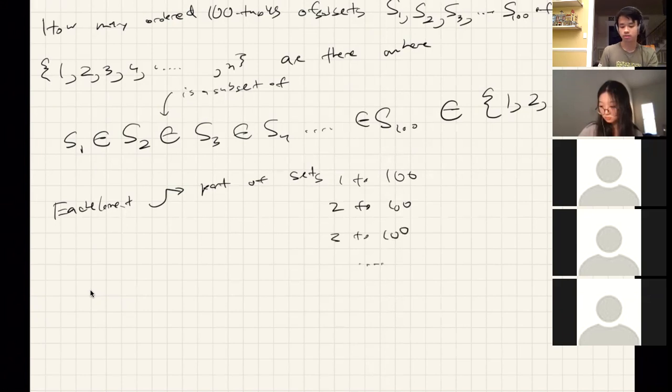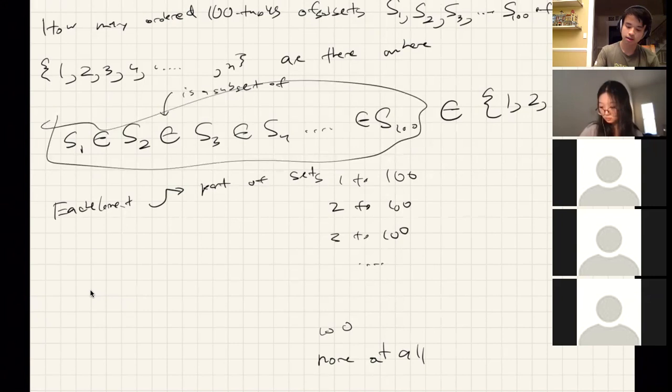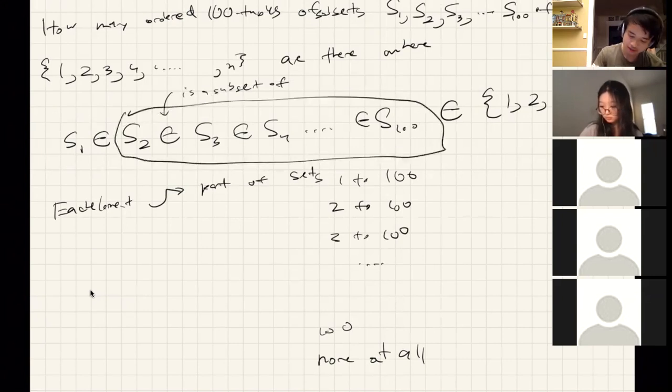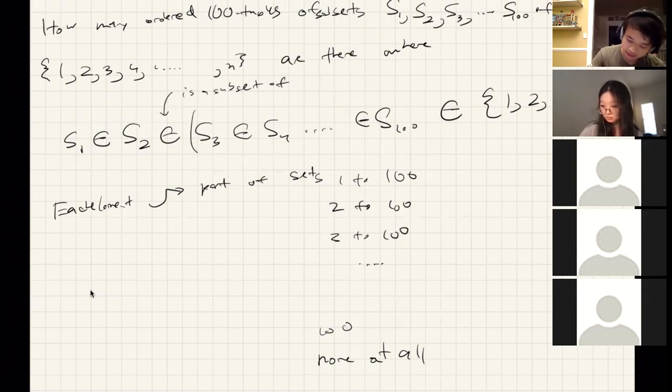It can be up to just 100, or it can be none at all, right? So it can be in all of the sets, it can be in this part of the sets, it can be in this part of the sets, and you keep going with this, right? It can be part of just the last set only, or it can be part of none of the sets. It's just an integer.